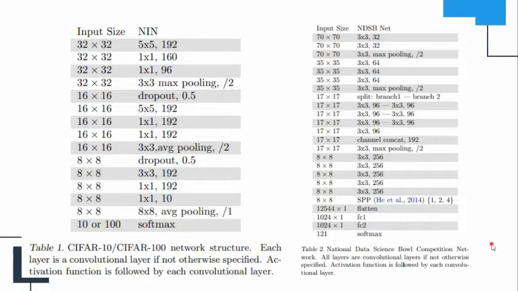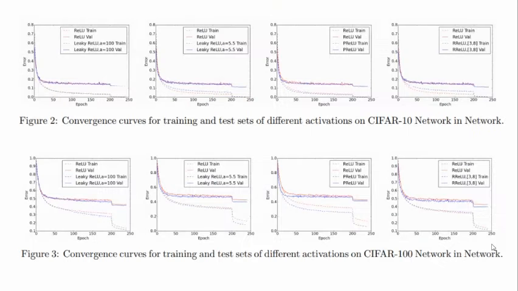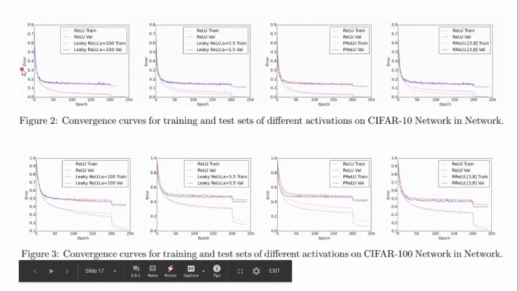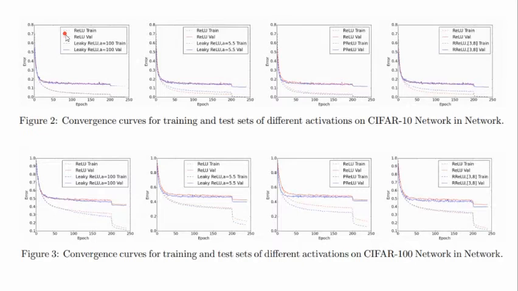Moving on to the result and discussion. Now let's make a little observation over here. Here we can see that the red dotted line is for ReLU in training, and the blue dotted line is Leaky-ReLU in training when alpha is equal to 100.